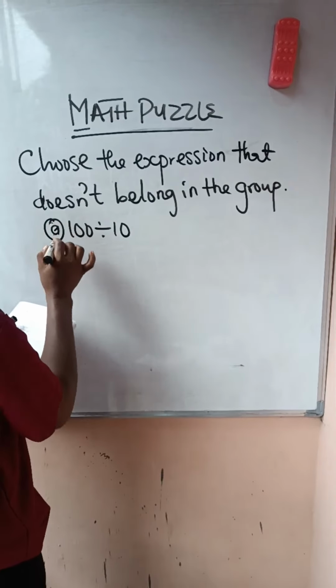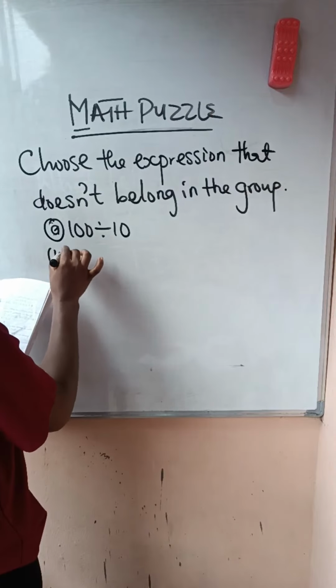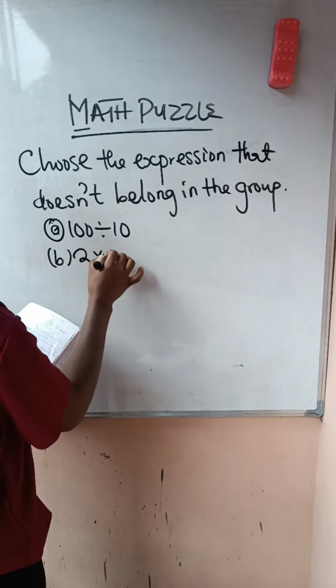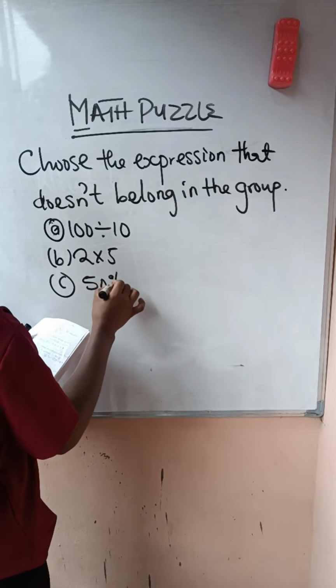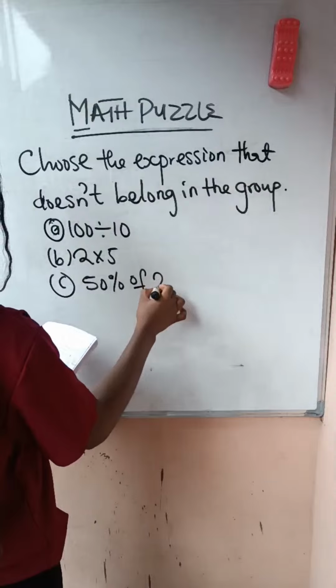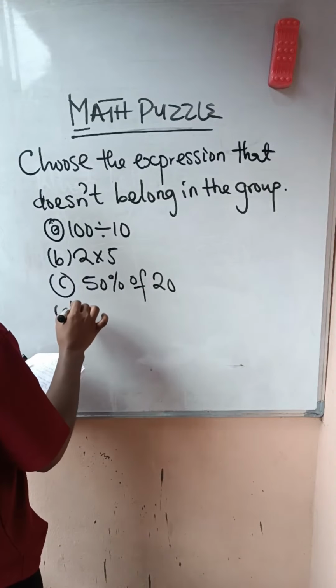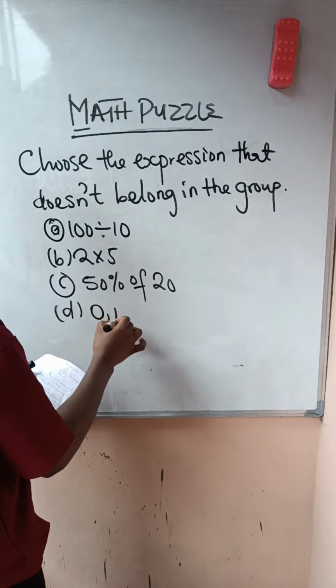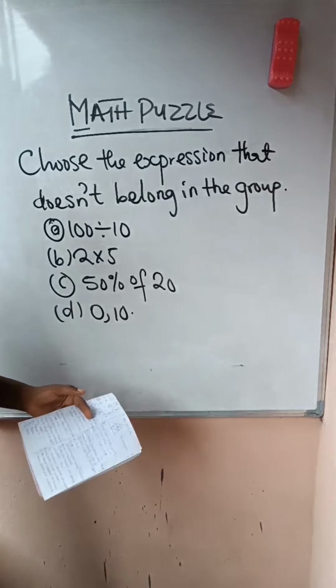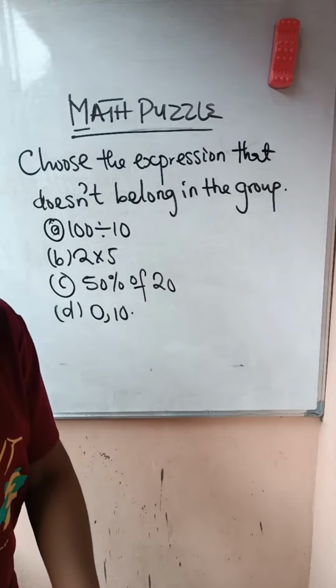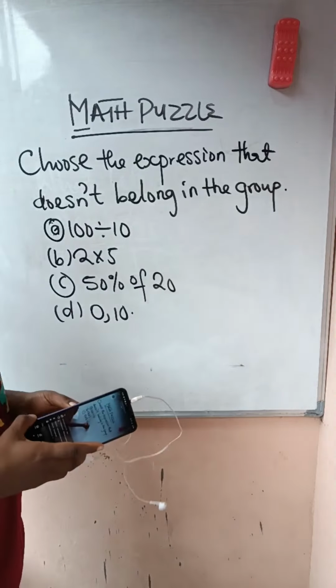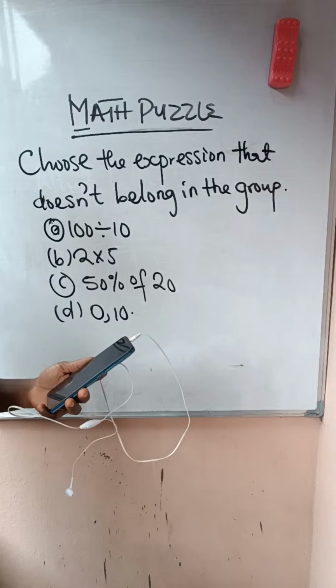B, 2 multiplied by 5. C, 50% of 20. D, (0,10). Which one does not belong to the group? Like I said, this is very easy. So I'm going to stand because I'm going to say the answer very fast.